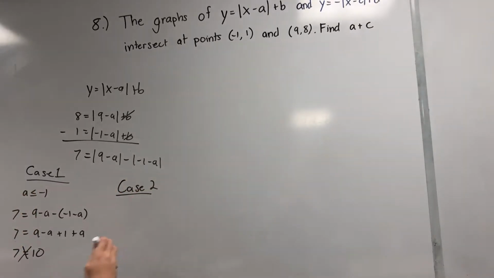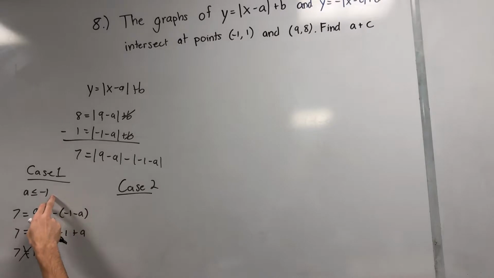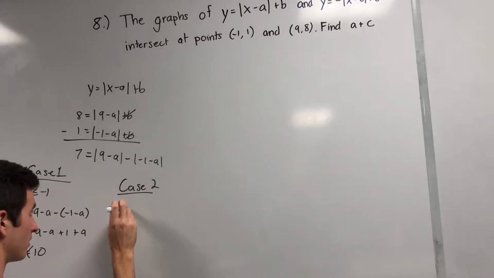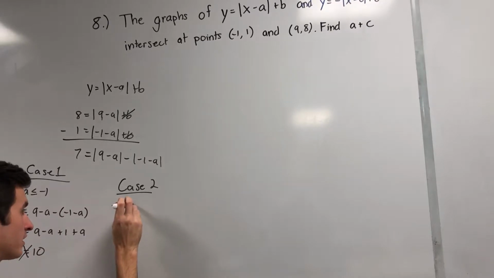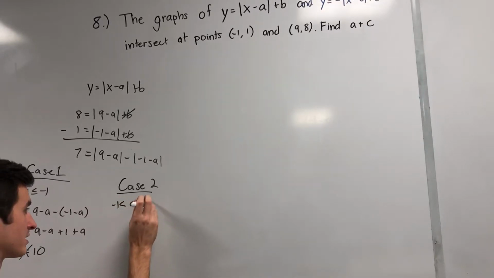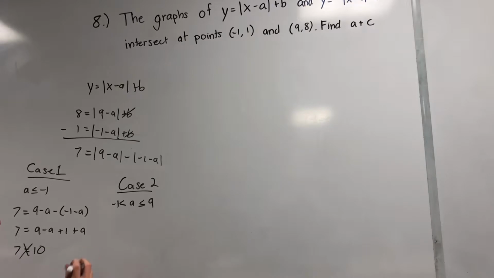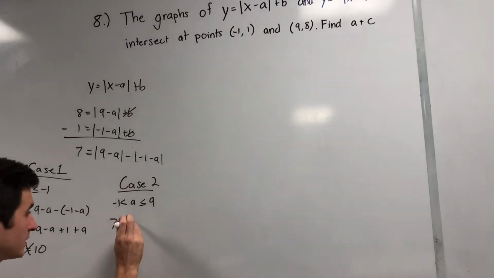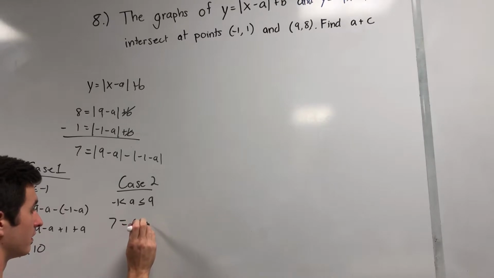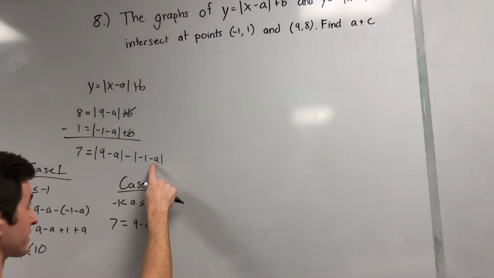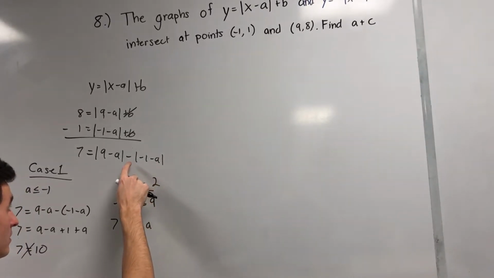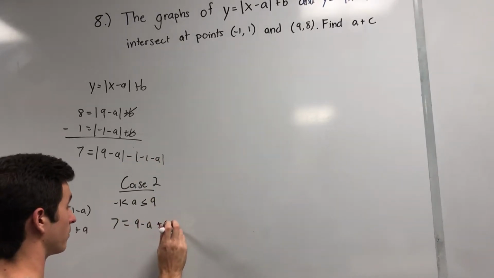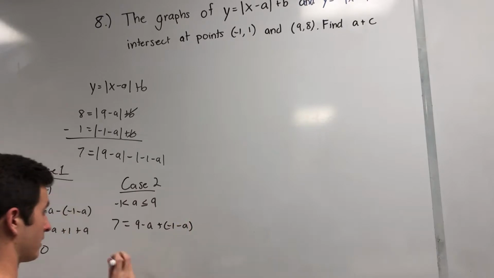Case 2, if a is greater than -1 and less than or equal to 9. Then this is still going to be positive, so you have 9 minus a, and this part is going to be negative, so minus a negative, so it's going to be plus -1 minus a.